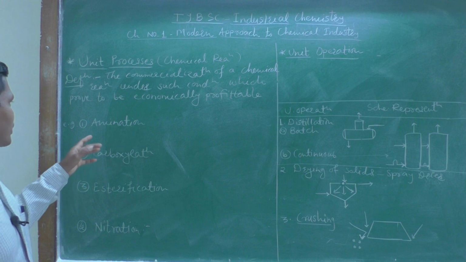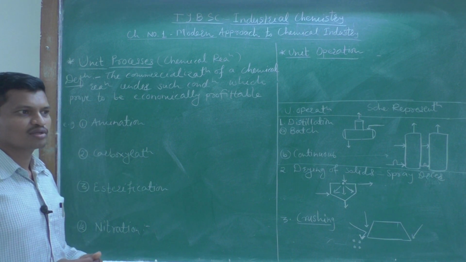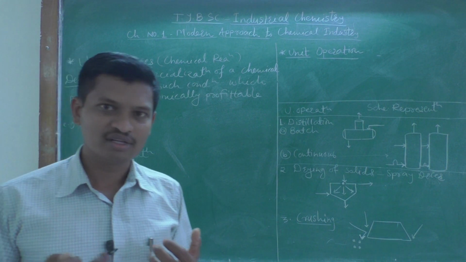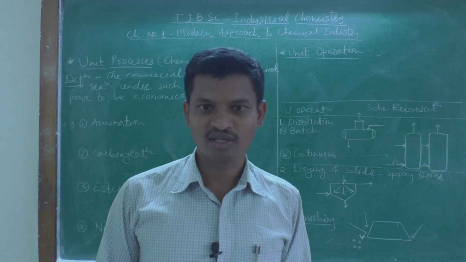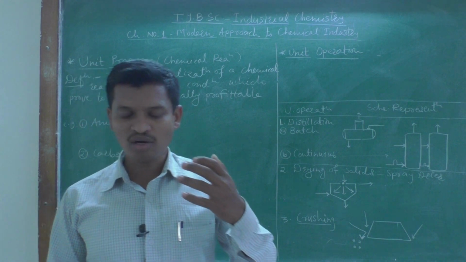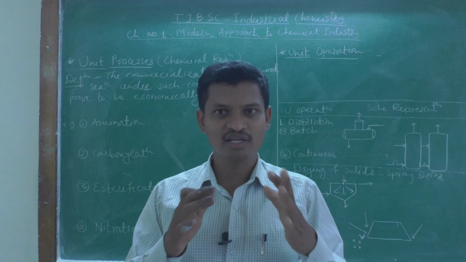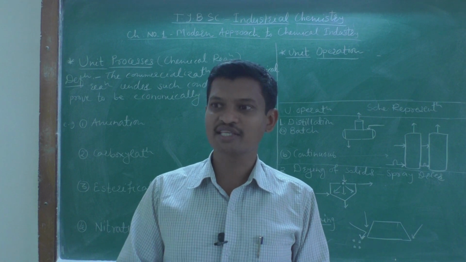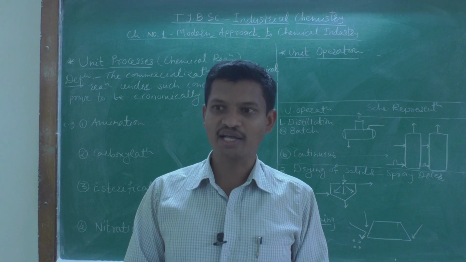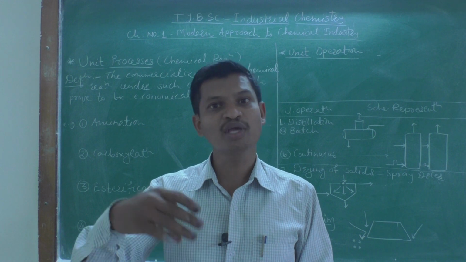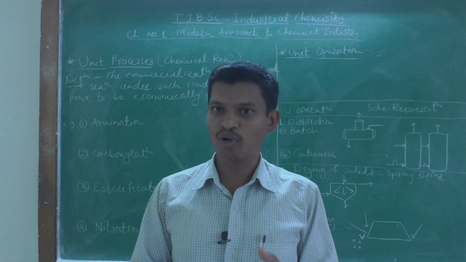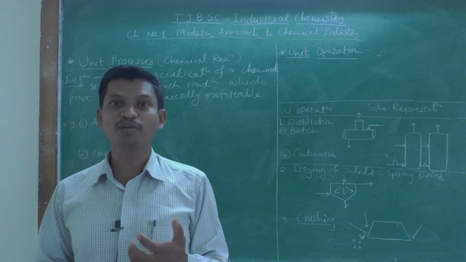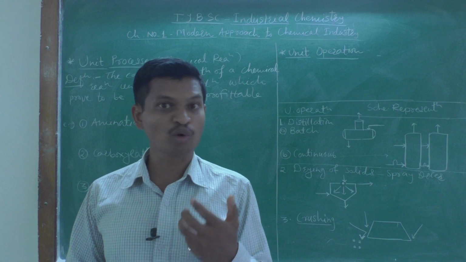Okay, then there are some examples. Sorry, all unit processes are one type of chemical reaction, but all chemical reactions may or may not be unit processes, because some chemical reactions may not give you a profitable yield, they may not be economically profitable.